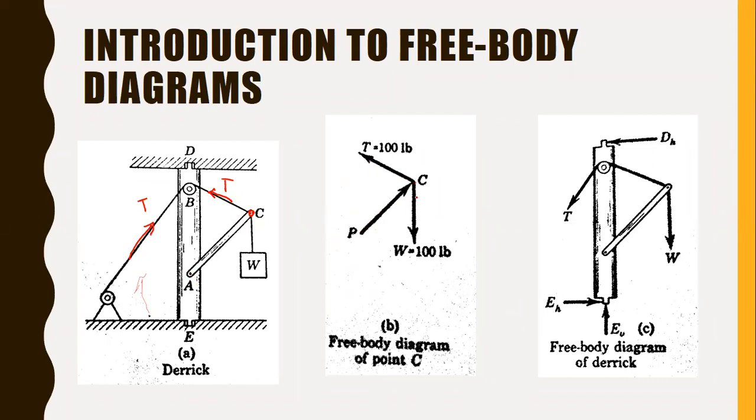While the weight, always remember that the weight is always going downward. That this one is the weight. Therefore, the free body diagram of the derrick: this one is the derrick, you have the tension here, the weight here, and this one is the reaction at point D. You should be familiar with the free body diagram.